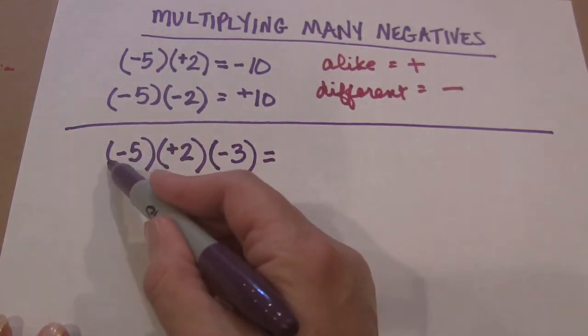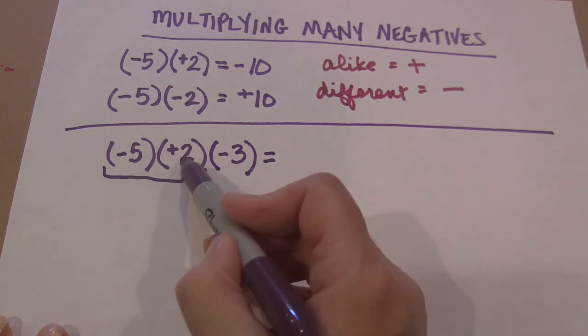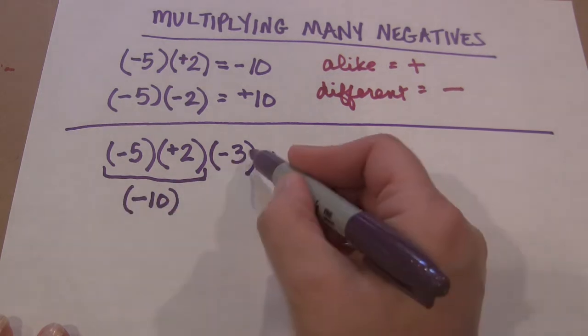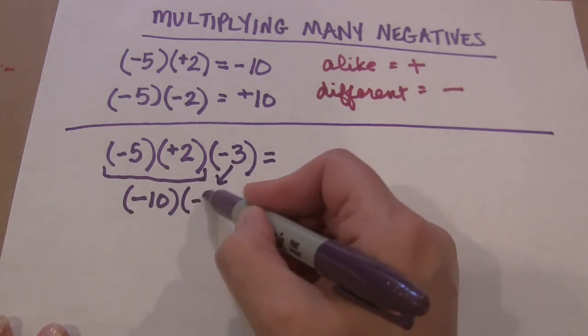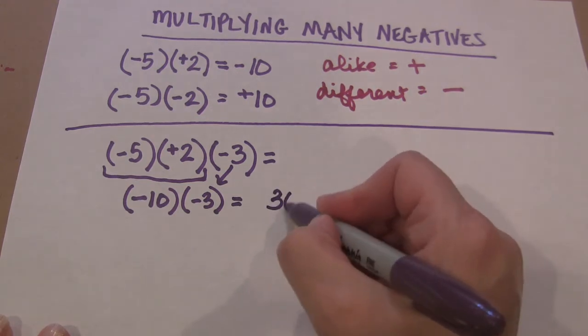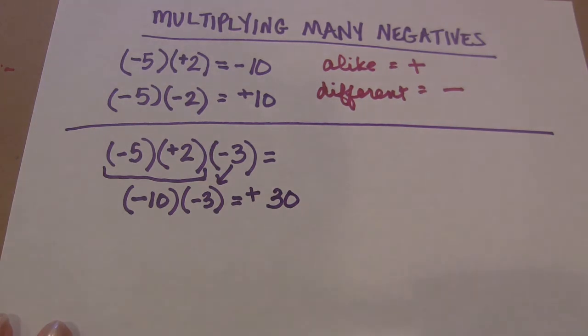So let's just look at these two first. Negative 5 times positive 2 gives us a negative 10, right? Now we have negative 10 times negative 3, and that gives us a 30, but it's positive because there are the two negative numbers right there.